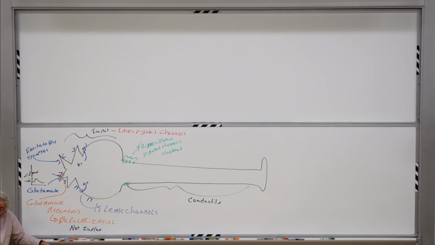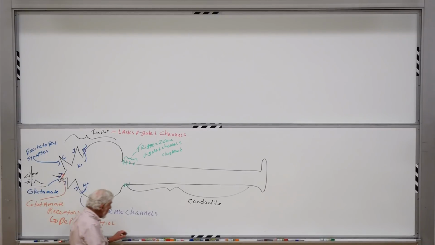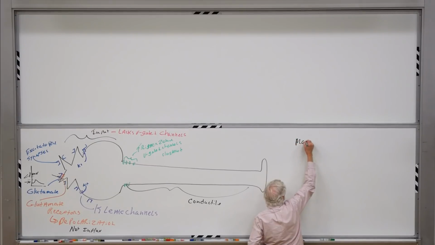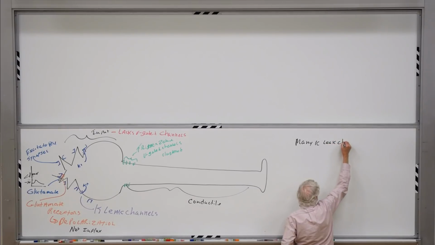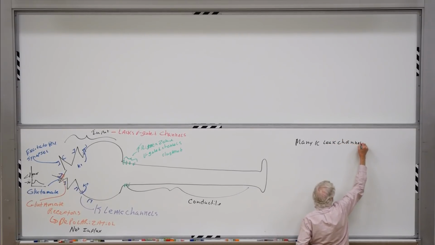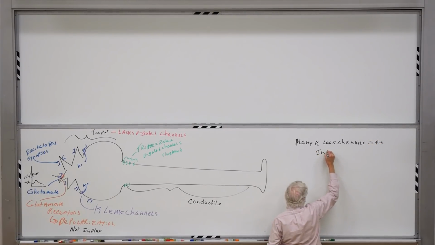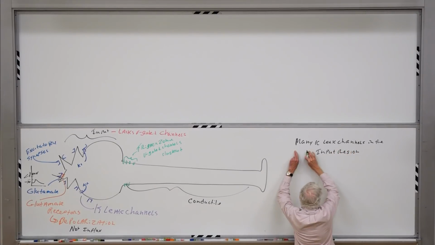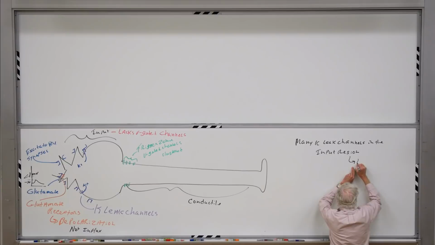Now, let's think about this in a couple of ways. Let's think about the case where we have many potassium leak channels in the input region. If we have many potassium leak channels, this is like a leaky garden hose. This is like leaky membrane.